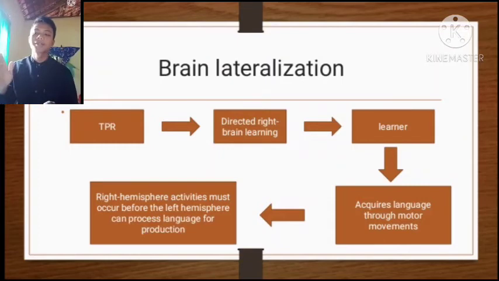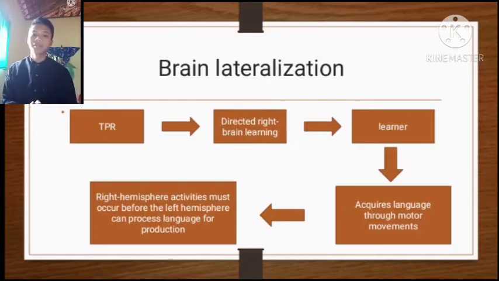And next, the learner can apply it, or the learner can use physical movement well, and acquires language through motor movement.